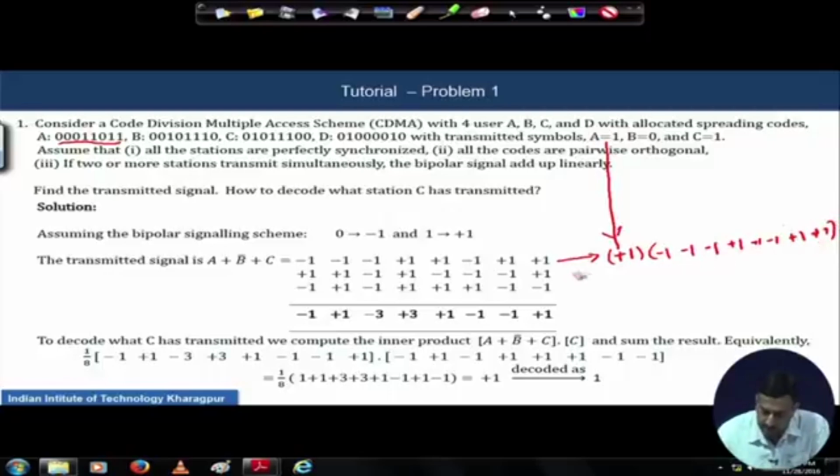So this multiplication yields this first row.